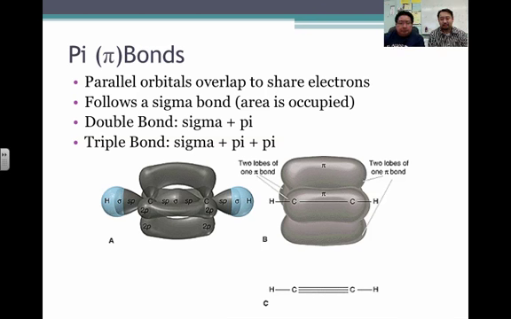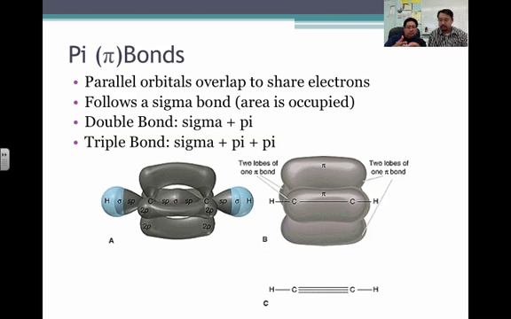Pi bonds take into account the spatial considerations for orbital overlap. You have to remember, if I'm forming a double bond, those are 2 orbitals overlapping. If I already have a sigma bond in place, like this, this volume is already occupied by the sigma bond. So if I want another pair of electrons to come into contact, this area is occupied.